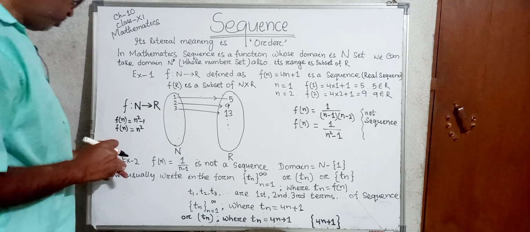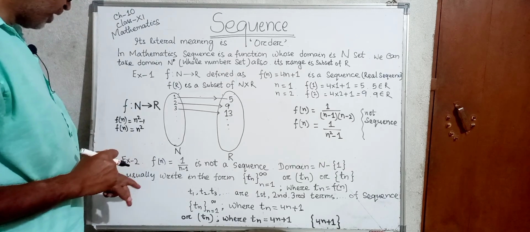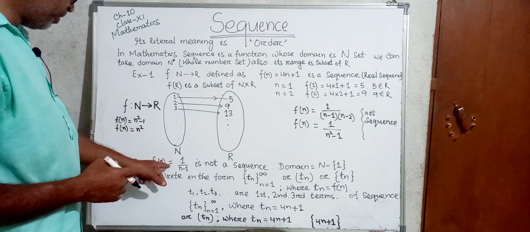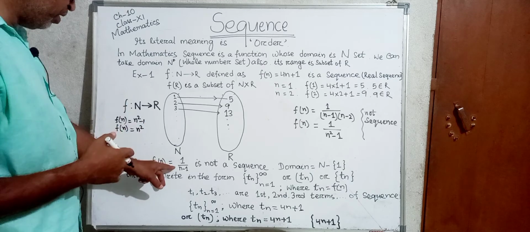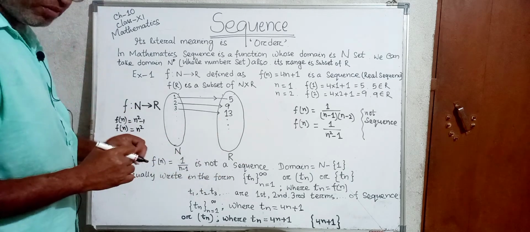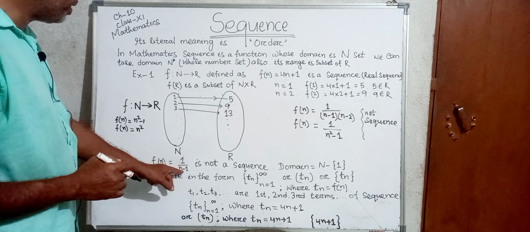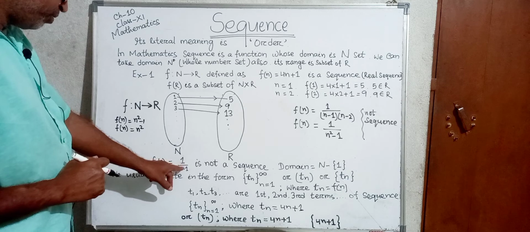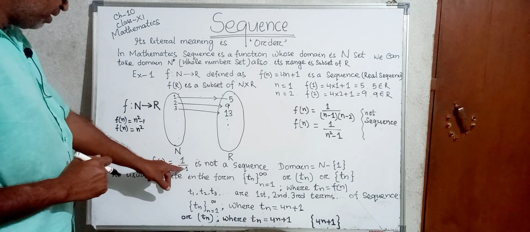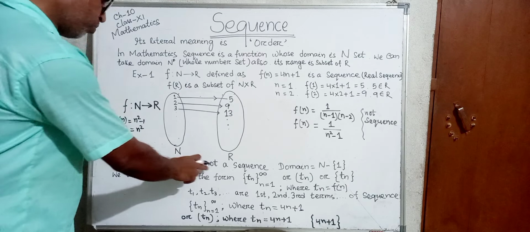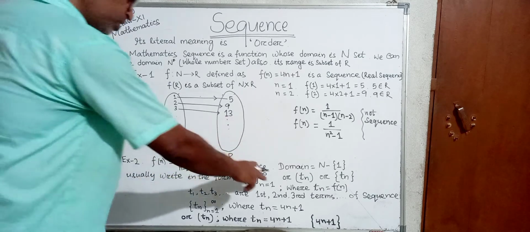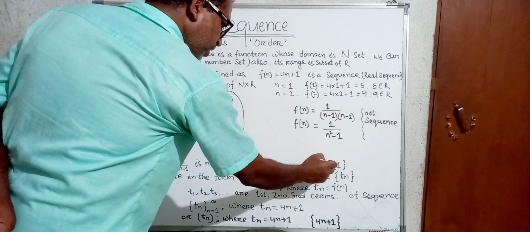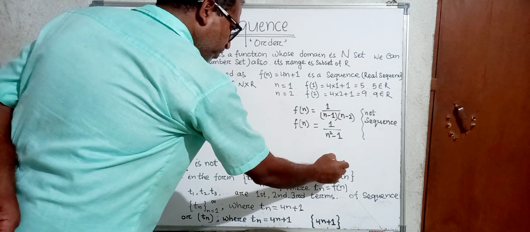Then come to example 2. Is there a function which is not a sequence? Come to the example f(n) = 1 by n minus 1. You see, it is a function, but it is not a sequence, because here the domain is N difference the set having element 1.